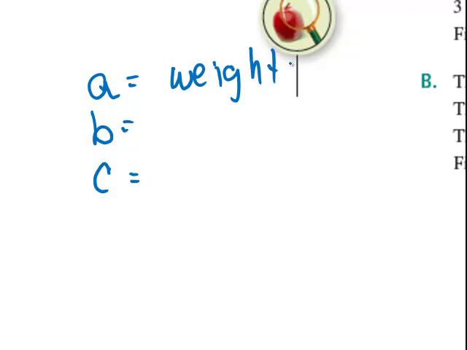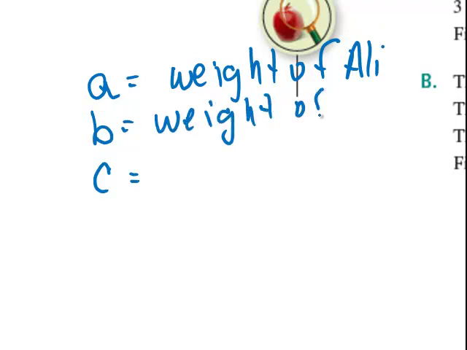So let's just go A, B, and C. And we'll say A is the weight of Allie. And I'll say B is the weight of Ben. And C is, of course, the weight of Cal.